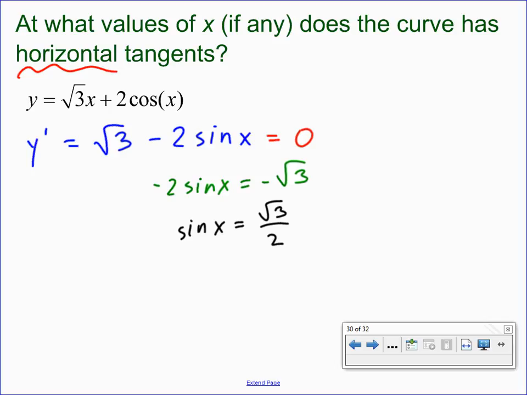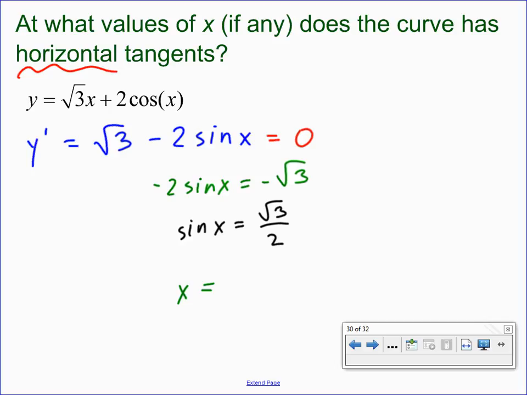We know that happens a lot of places, doesn't it? We don't have a restriction? Well, sine of x is equal to root 3 over 2 at pi over 3 and 2 pi over 3 and forever ever after.